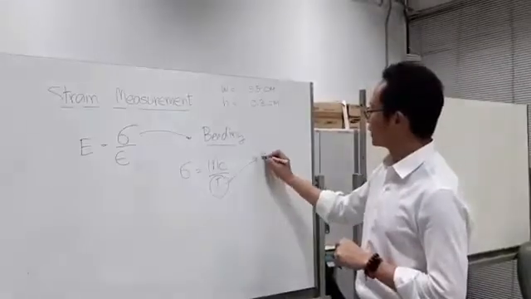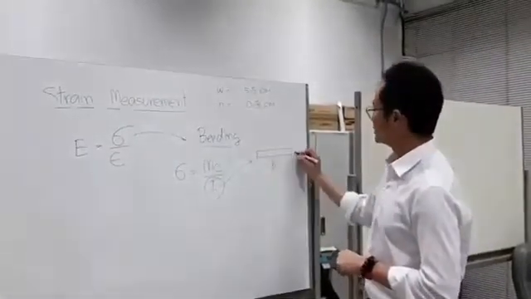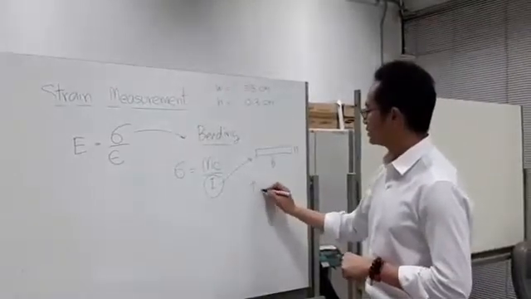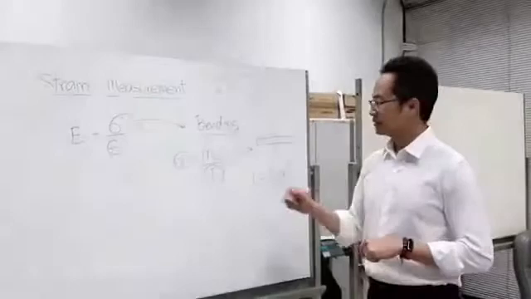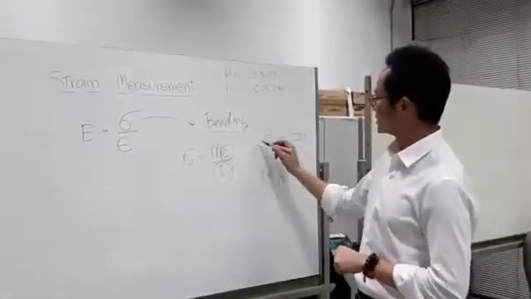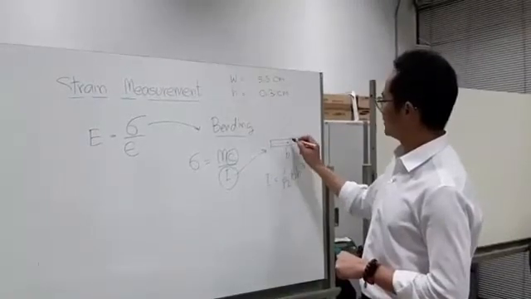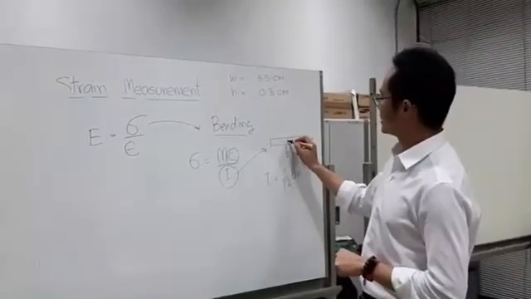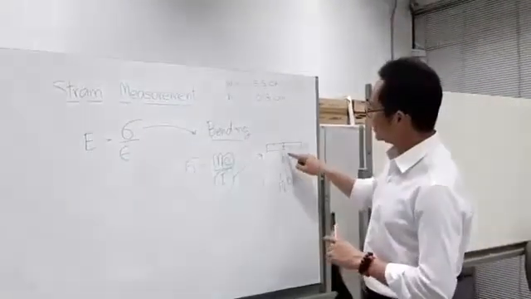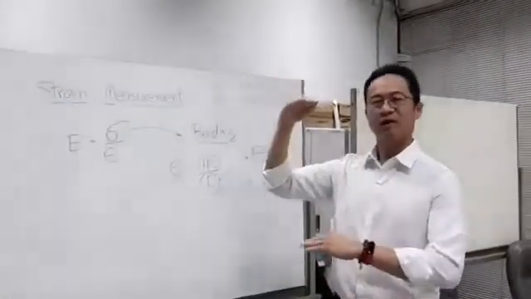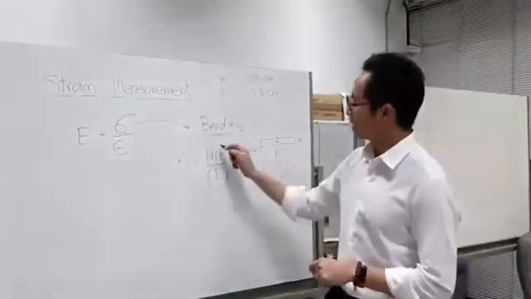If the cross section is a rectangle, with width B and height H, I equals 1 over 12 BH cubed. Again, C is a distance. If the neutral line is here, C starts from the neutral line to any point, so the maximum normal stress will be at the top or the bottom, as you have learned in statics or solid mechanics.